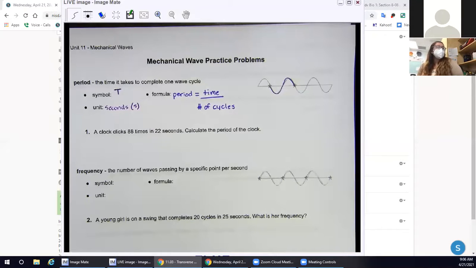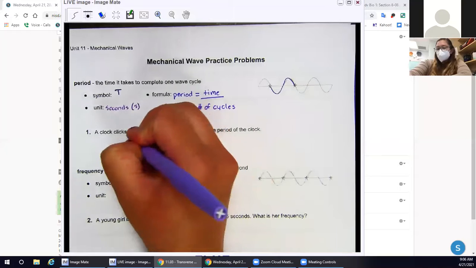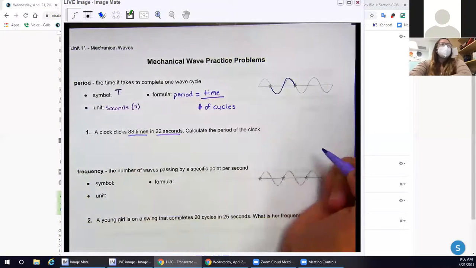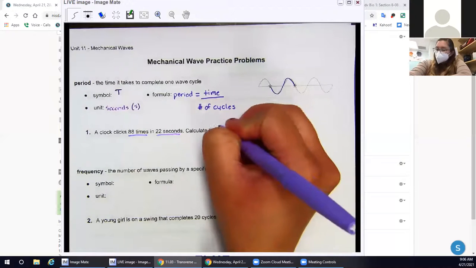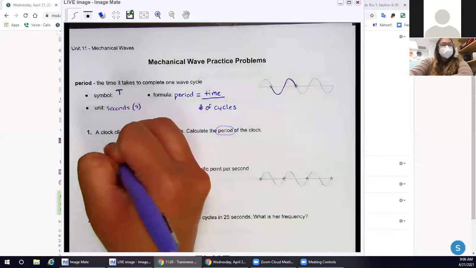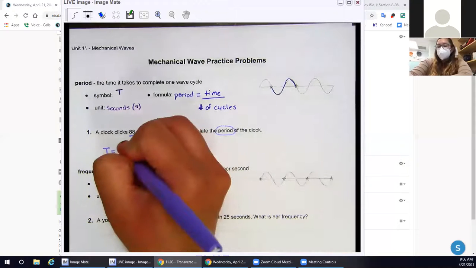So let's go ahead and do number one. A clock clicks 88 times in 22 seconds. Calculate the period of the clock. So period again is a capital T. And to find it, we're going to do time over number of cycles.